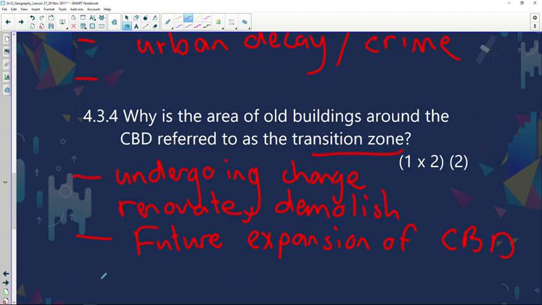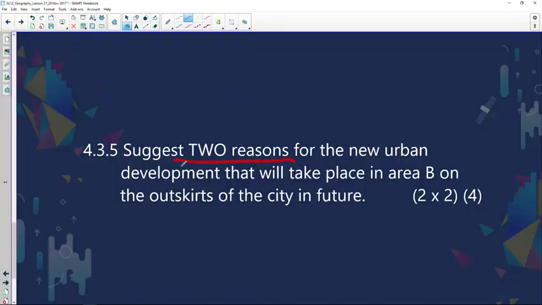Now keep in mind, in the transition zone, usually the land value is so high, they'd rather just completely demolish the building that was there, and just build a new one because the land in and around the CBD is so expensive. Now suggest 2 reasons for the new urban development that will take place in Area B on the outskirts of the city in the future.